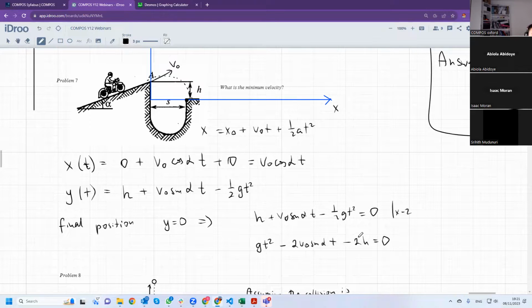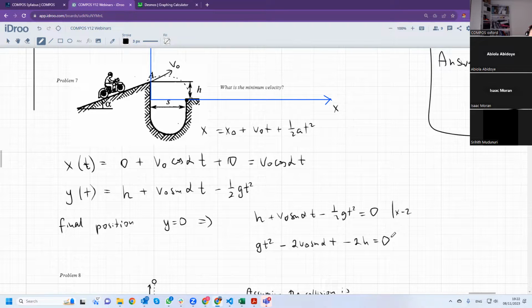What can we do here? Well, we can solve for t. Maybe not ideal, so let's stick a pin in that. It is a quadratic.